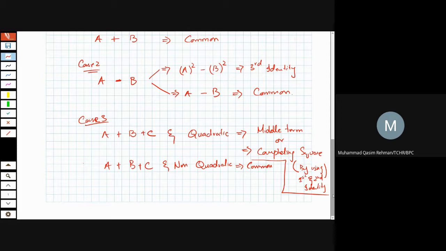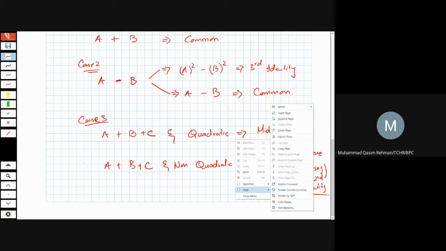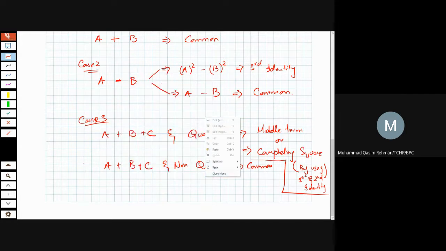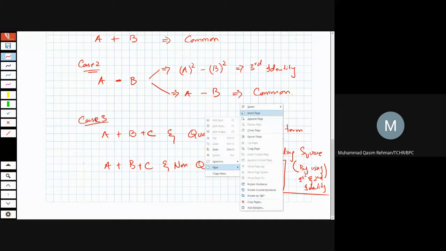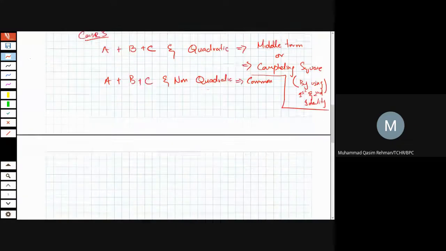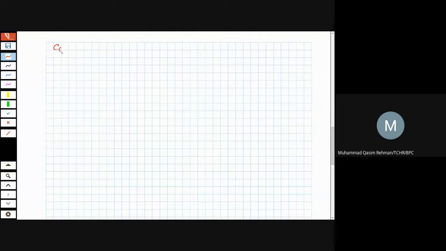All right. Now, this was case number 3. Now moving on to case number 4.